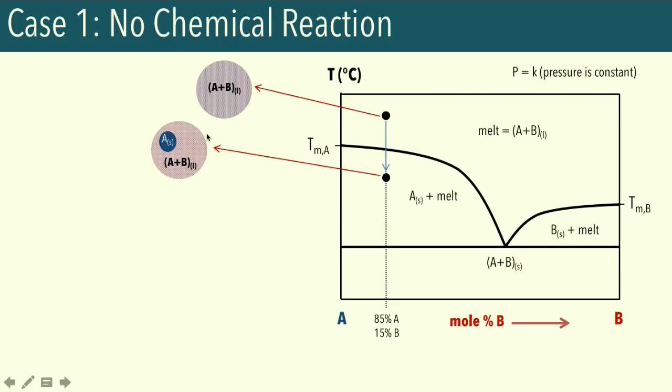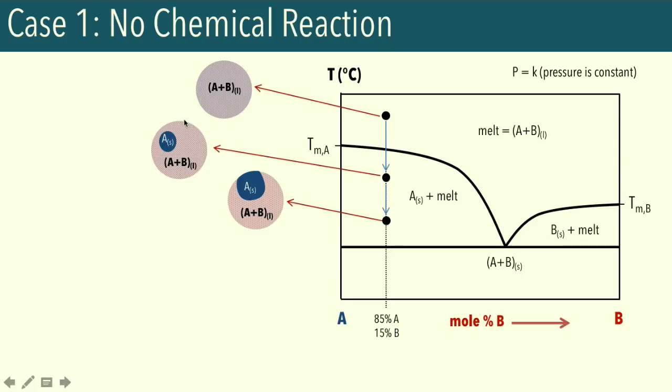As we decrease the temperature further, note that more A crystallizes out of the solution. The composition of the melt also changes, as we have even less A in the melt compared to the composition of A in the melt at point 2.